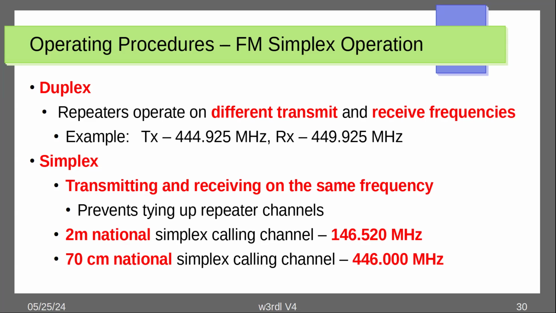You decide which frequency you're going to use, and the club typically uses that one for exercises, 147.420. 146.520 is called the national calling channel.